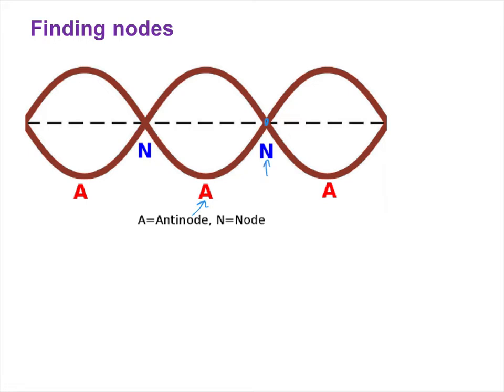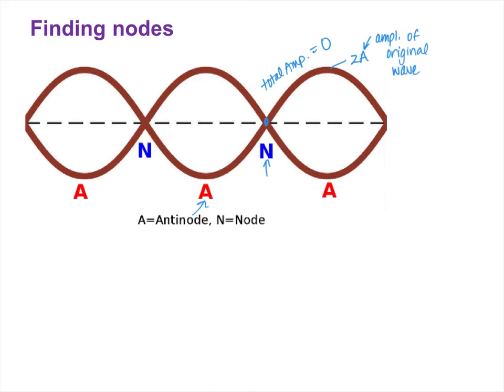And so this is where the total amplitude, of course, is equal to 0. And then here is where it's actually equal to 2 times A, where A was the amplitude of an original wave.